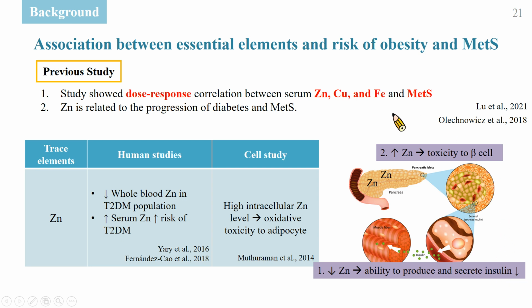But if one has too much zinc in their body, so this increase in peripheral zinc or organ concentration of zinc may also cause toxicity to beta cells as well. And in this case, whether zinc deficiency or zinc overload, both can have an effect on glucose metabolism.